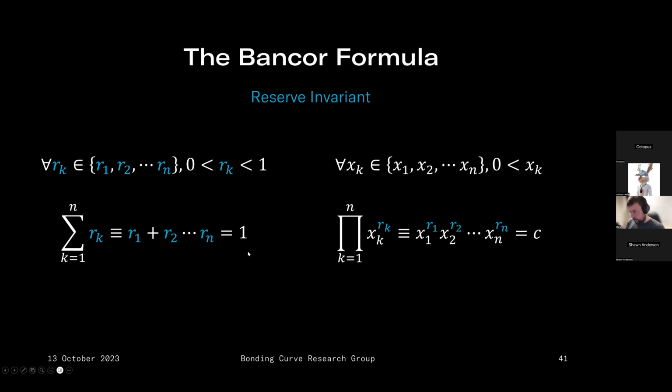So if we've got 10 tokens inside a liquidity pool and we want to weight each one equally, then each one would receive a reserve weight of 0.1. This satisfies both conditions, because each reserve weight is a number between 0 and 1, and the sum of all of them is equal to 1. As long as that is maintained, it's much easier for us to make sure that we're referring to the same ideas as we progress.